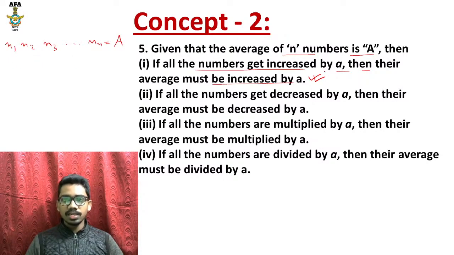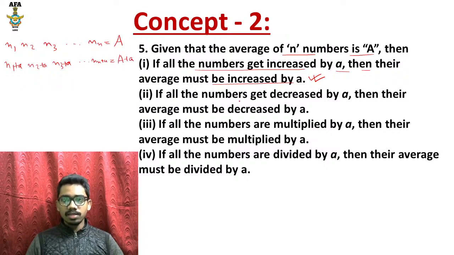If all the numbers get increased by a, then their average must increase by a. Suppose this increased to n1 plus a, n2 plus a, n3 plus a, dot dot dot, nn plus a, then their average must increase by a.